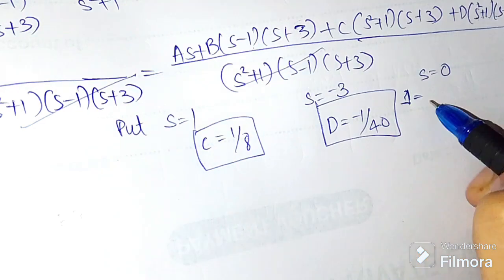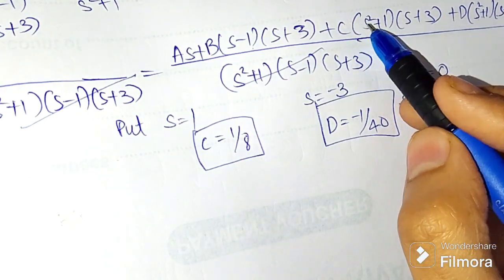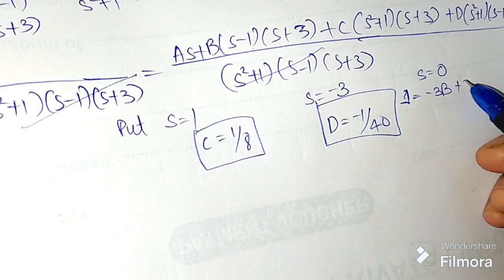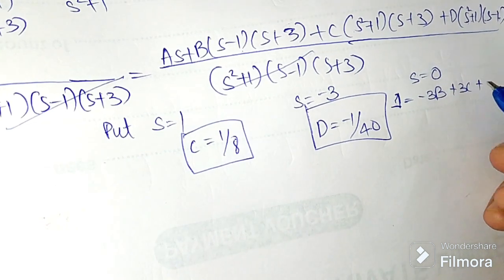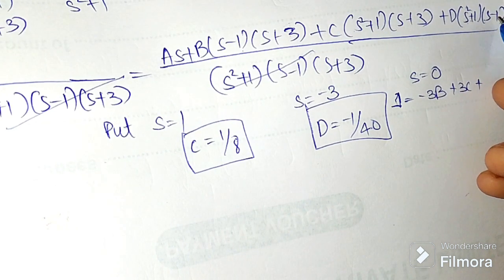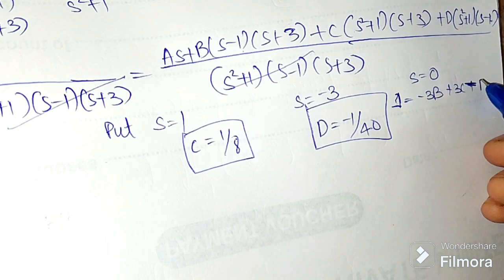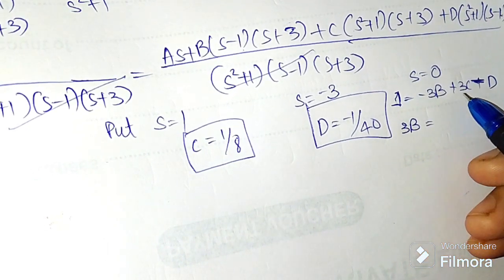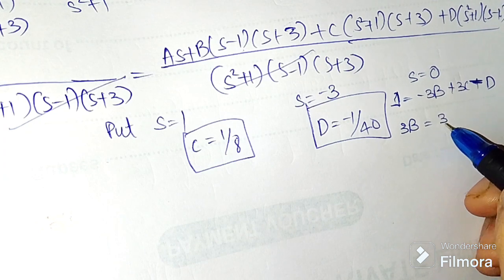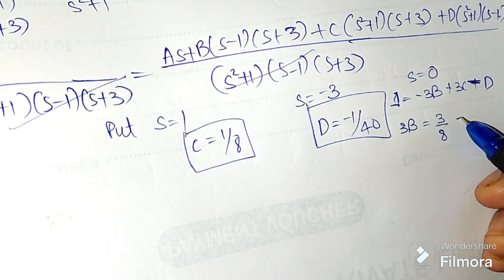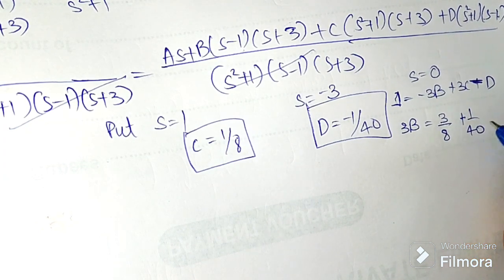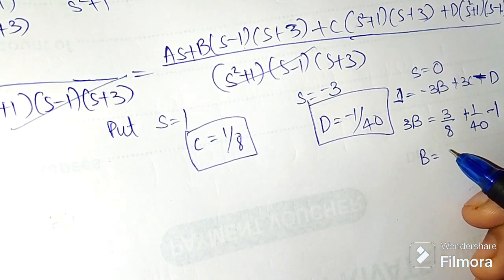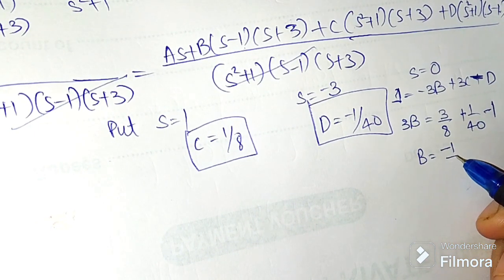Here minus 3b, here 1 into 3, 3c, here minus d. So 3b is equal to 3c, means 3 by 8 plus 1 by 40 minus 1. If you solve this, b you'll get minus 1 by 5.